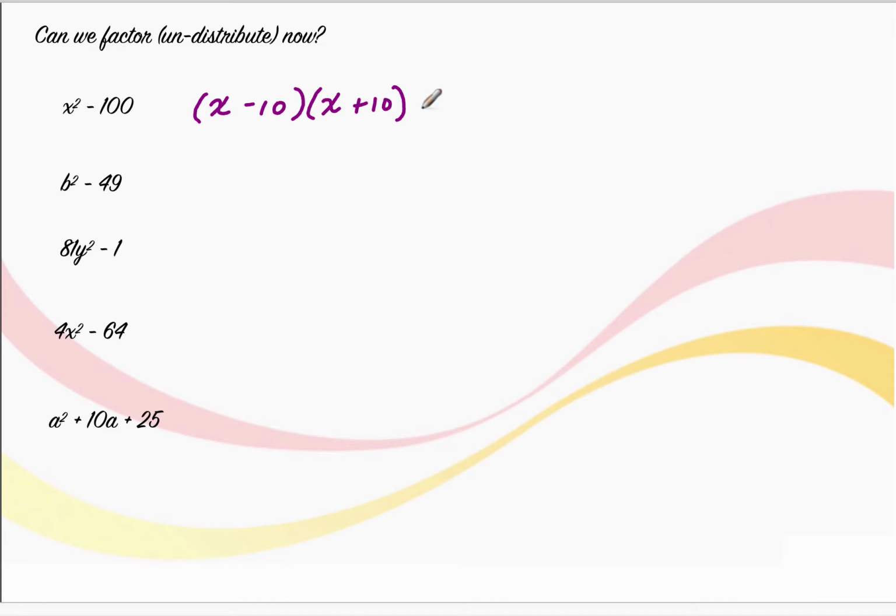So remember, I told you we were going to get into finding two binomials that multiply together to get us something. This is also called a difference of two perfect squares.